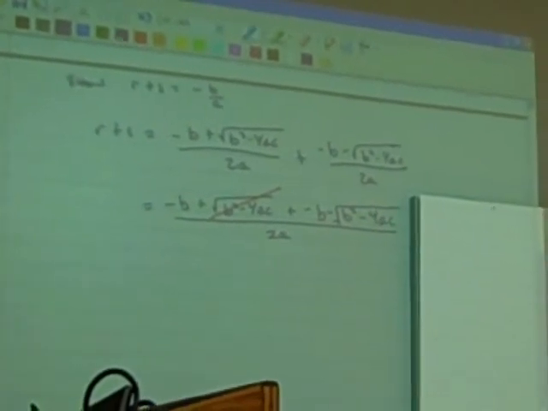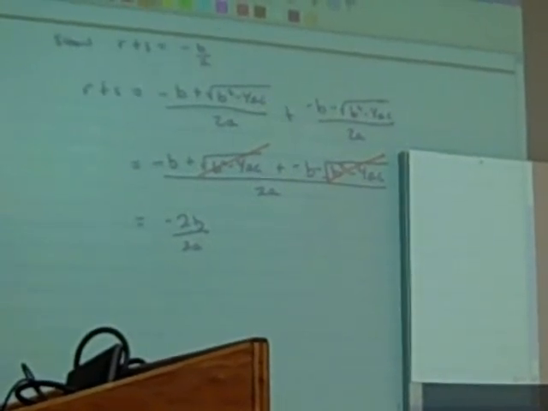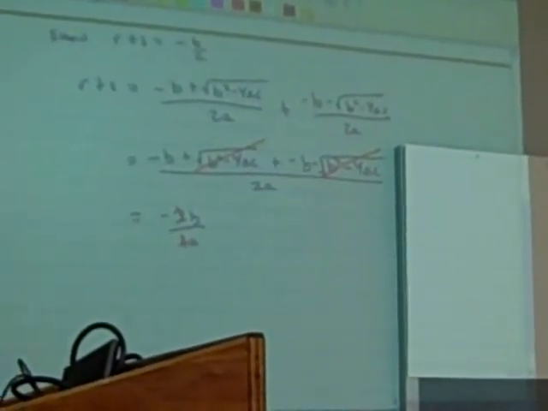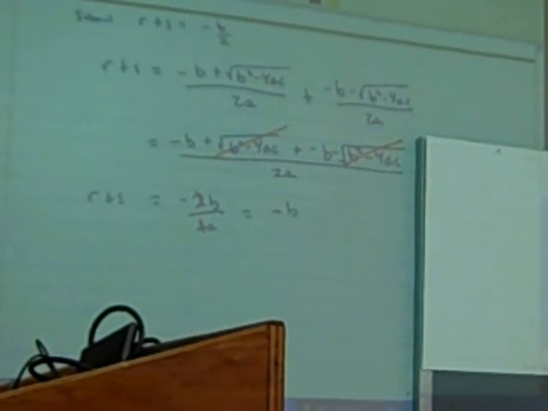That's a minus square root of b squared minus 4ac. What am I left with? What happens to those twos? Cancel. And so I'm left with R plus S equals negative b over a, which is exactly what I want to show.